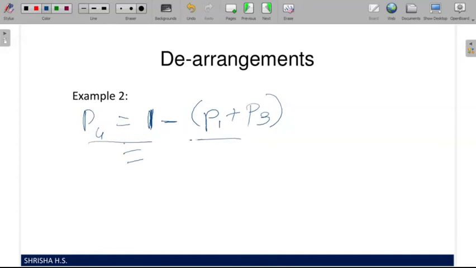This will be the formula for the fourth one: 1 minus P1 minus P3. We remove those, and what remains are the probabilities where two or more children have a matching pair.